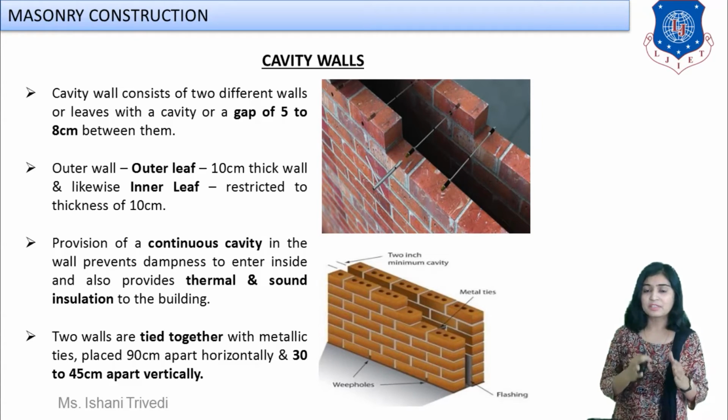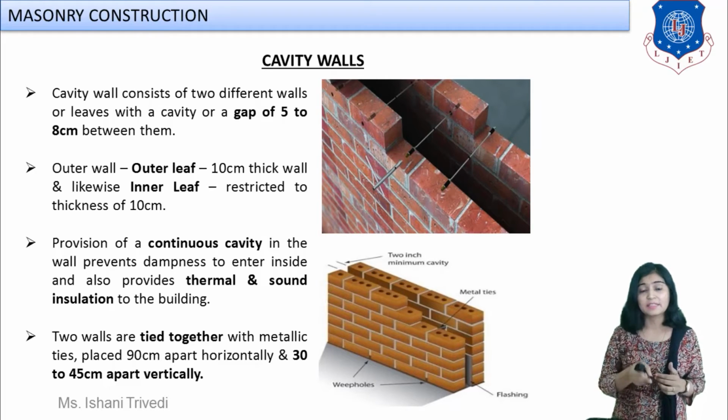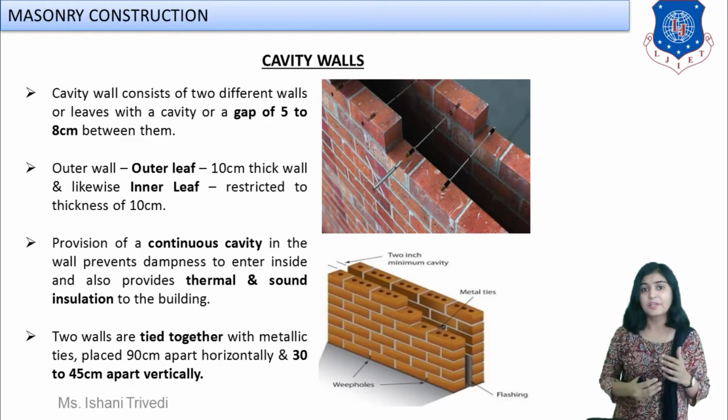So whenever you are constructing a wall such that you are keeping an empty space, an empty gap in between, which is known as a cavity, and you are also connecting these two walls together but indirectly, there is no direct contact between these two walls. So the wall which is constructed using this type of concept is known as a cavity wall.